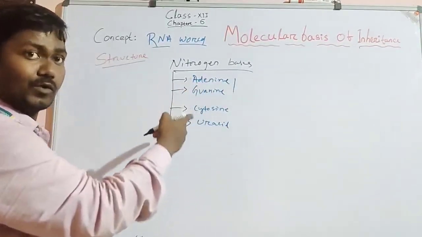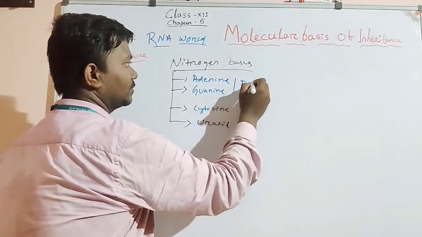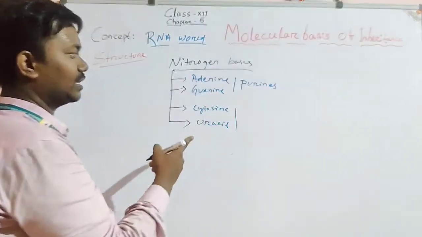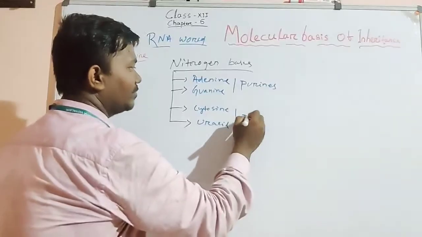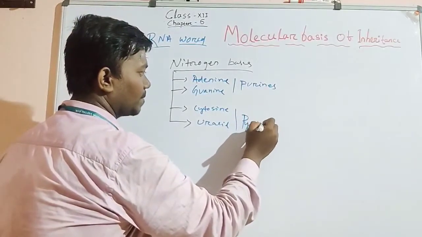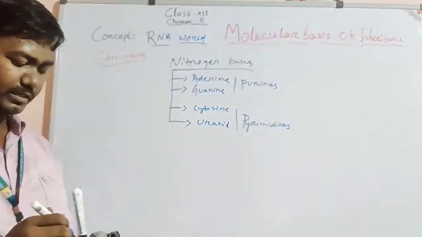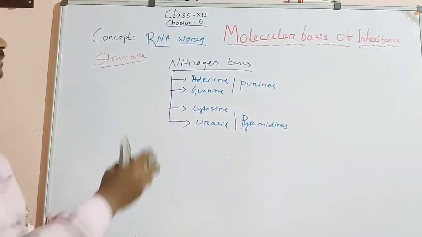Remember, adenine and guanine are purines, and cytosine and uracil are pyrimidines. Got it? Then types of RNA.